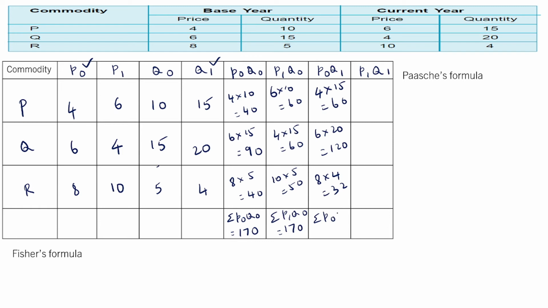So summation P0 Q1 is equal to the sum of these three, 60 plus 120 plus 32. So it is equal to 212.